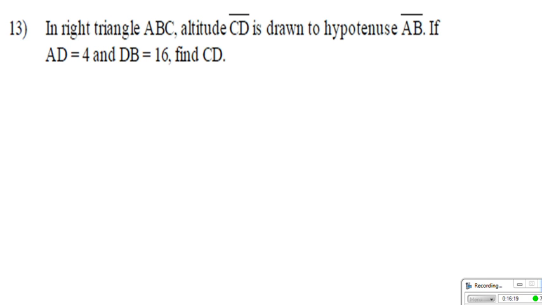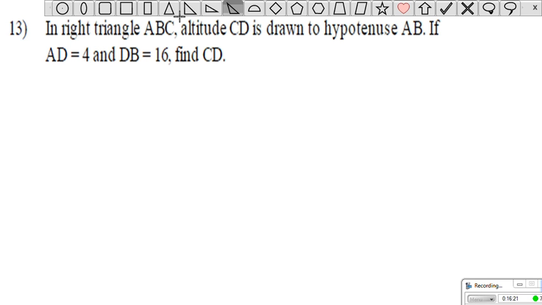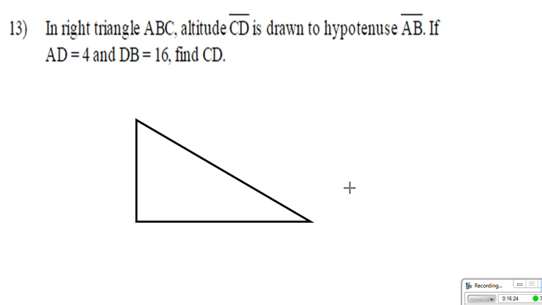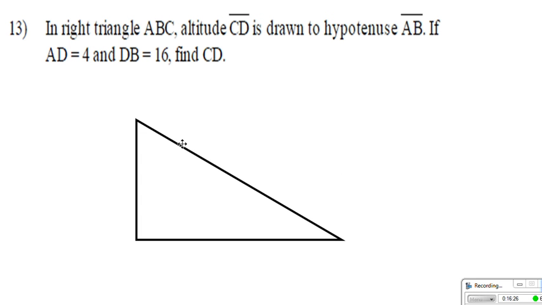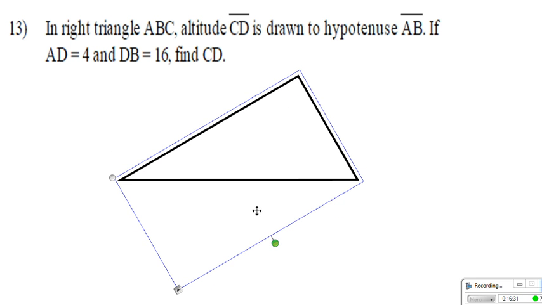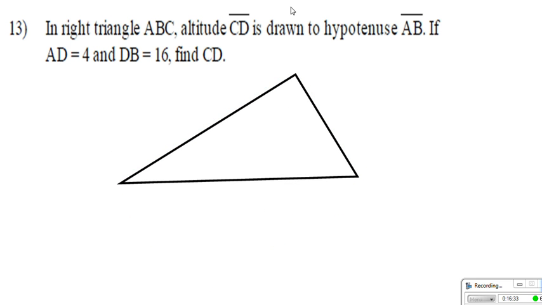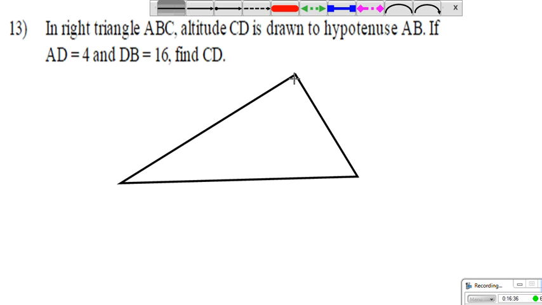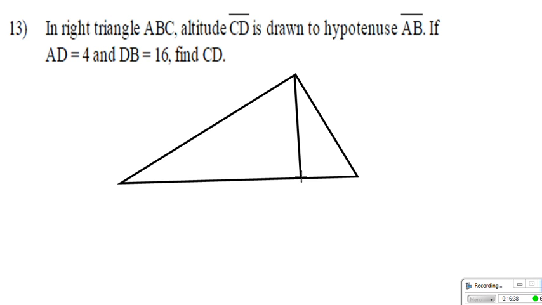And then a similar triangle as before, and then we will have the hypotenuse drawn. So AB and D is given in this way.